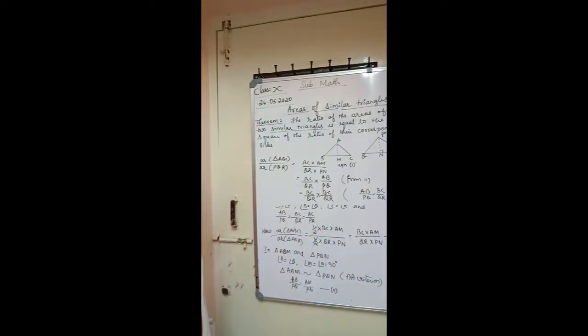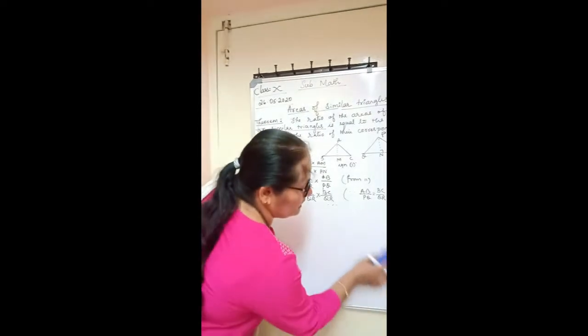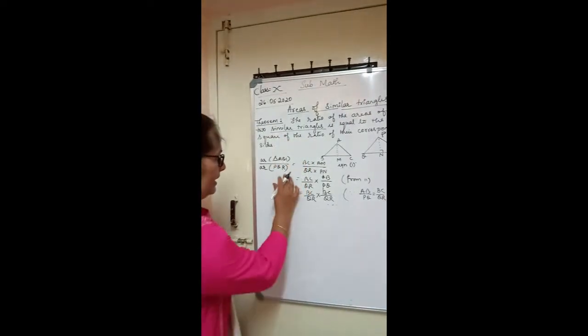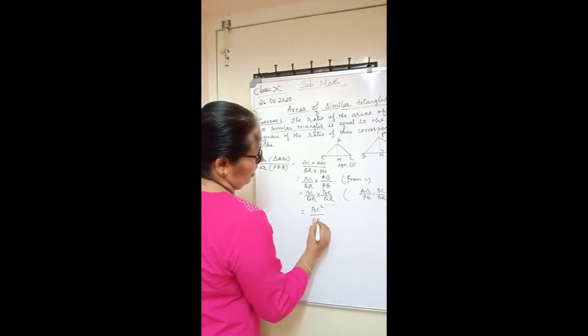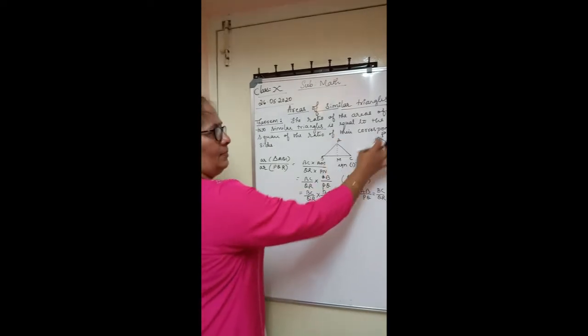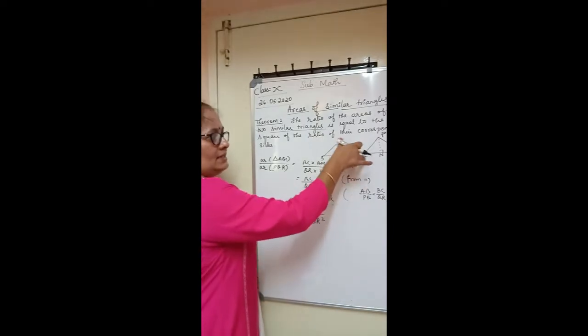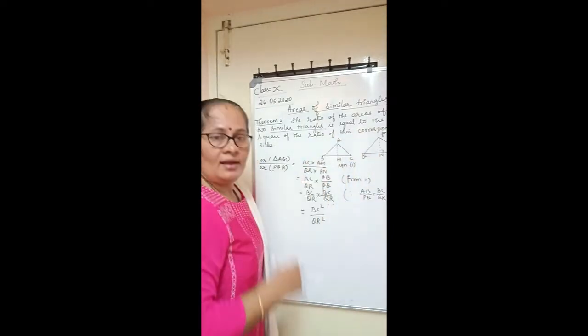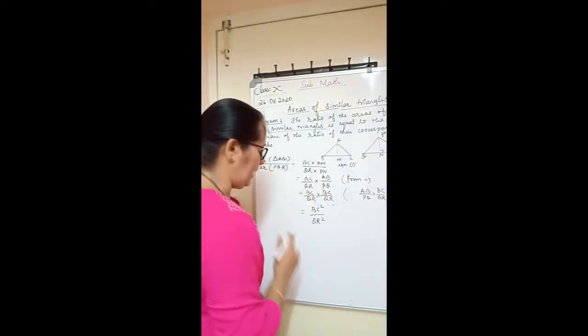Therefore, the ratio of the areas of the similar triangles is equal to BC square by QR square. Since BC by QR is equal to AC by PR, this is also equal to AC square by PR square, which is also equal to AB square by PQ square.